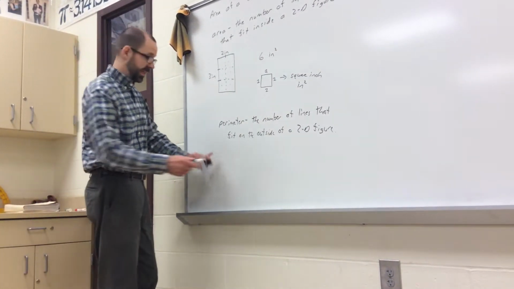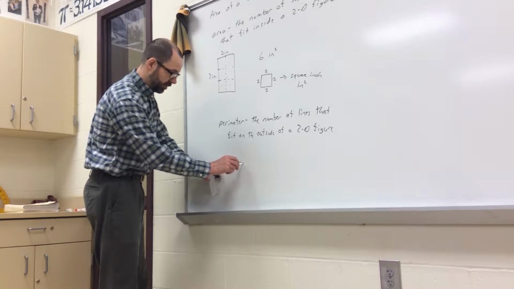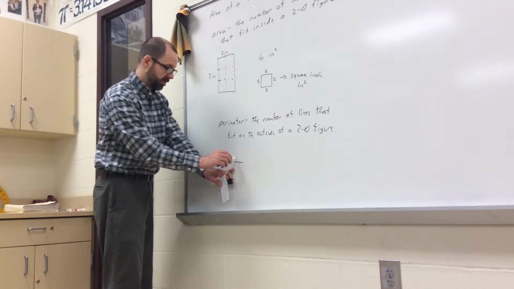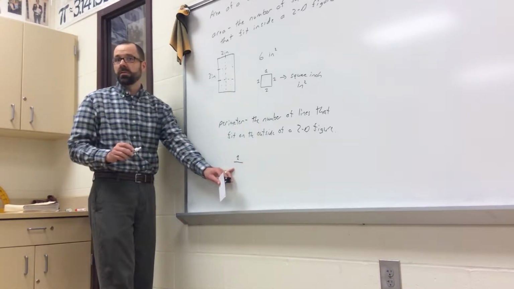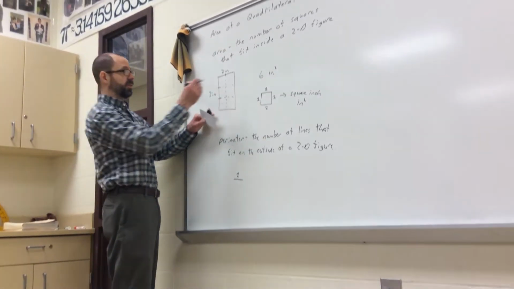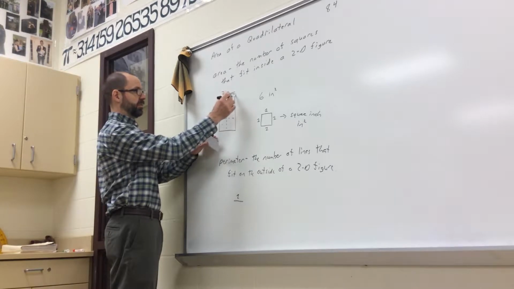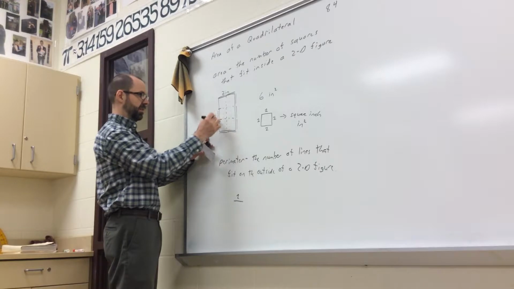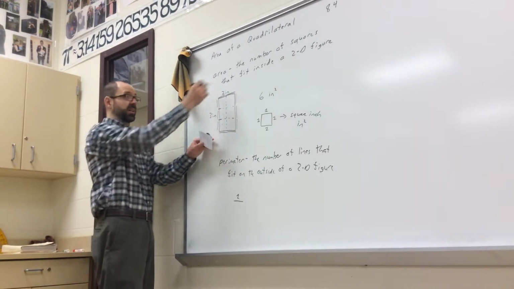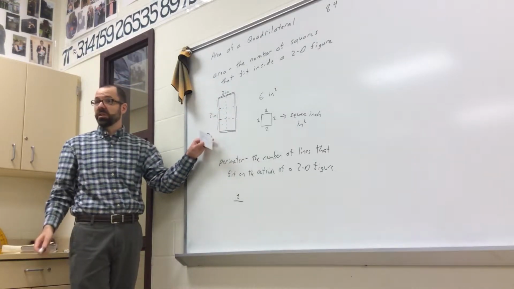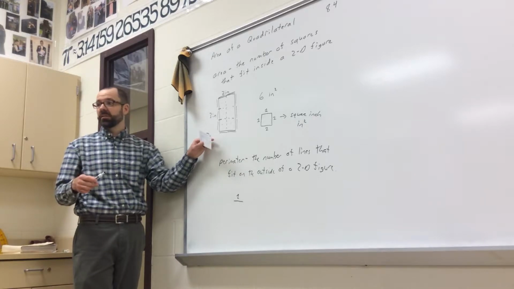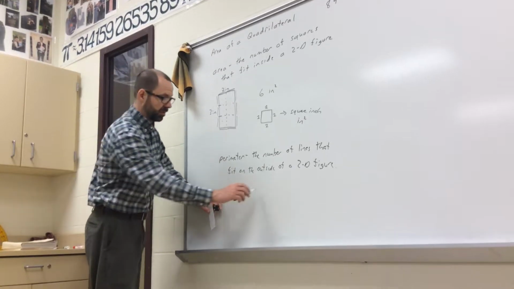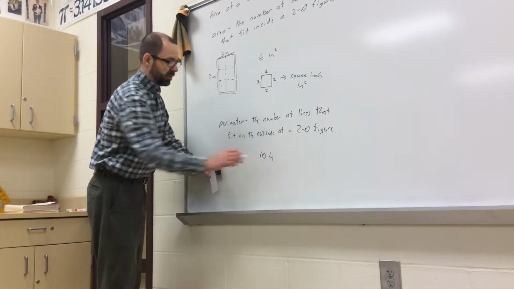So when I'm talking about lines, I'm talking about that, which is 1 inch. So let's go up here and count. 1, 2, 3, 4, 5, 6, 7, 8, 9, 10. So there's 10 lines that would fit on the outside of this figure. So that means the perimeter is 10. And then each of those lines is called 1 inch. So it's 10 inches.